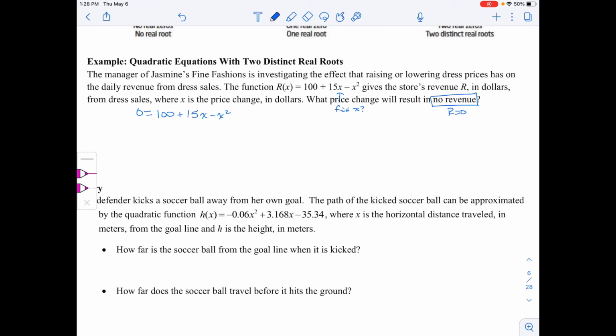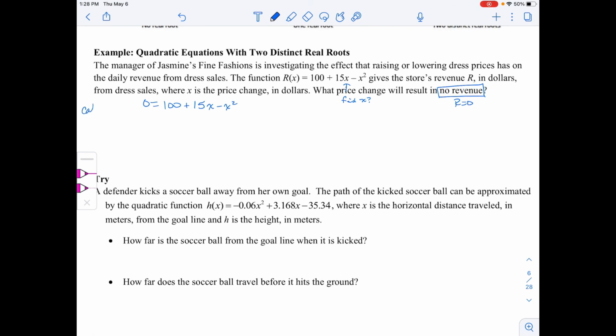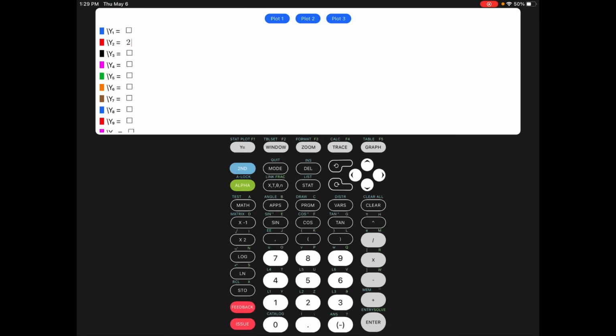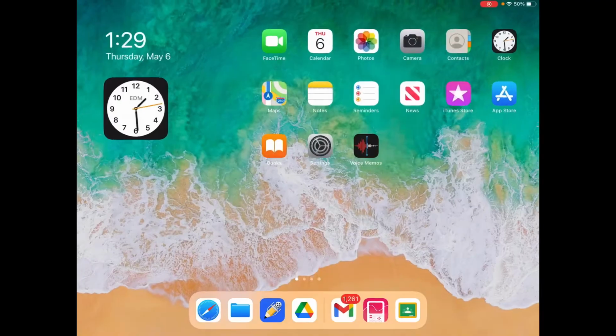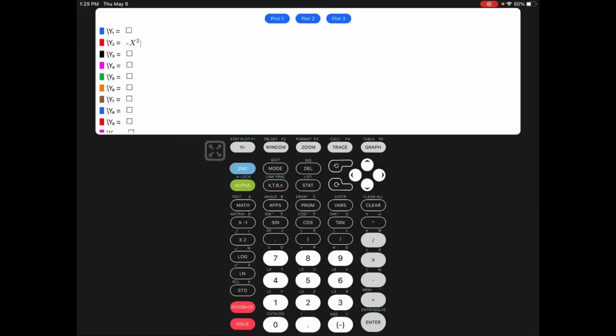To do this one, we could always do this algebraically, but this is the graphing calculator lesson, and we're practicing using our calculator. So I'm going to plug this in my calculator: 100 plus 15x minus x squared, or you could always put that in descending order, negative x squared plus 15x plus 100, either way.